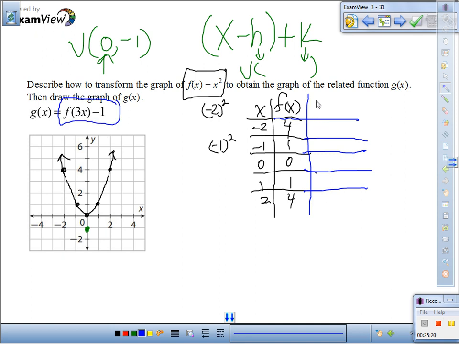We're going to write, not f, let's just write 3x squared minus 1. Why squared? Because this is saying f of 3x. That means to the x, what do we do first? Multiply times 3 before we do what? Square and subtract 1.